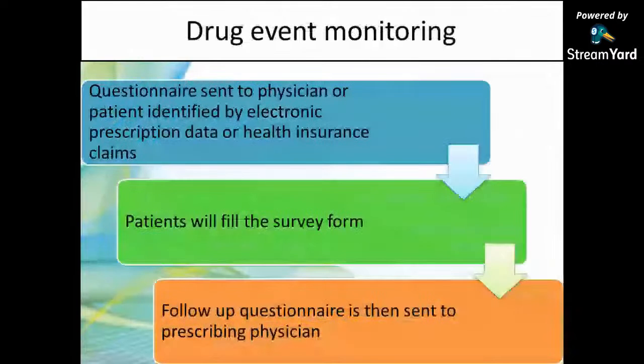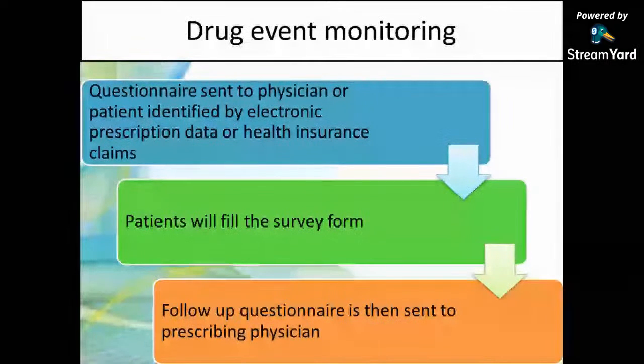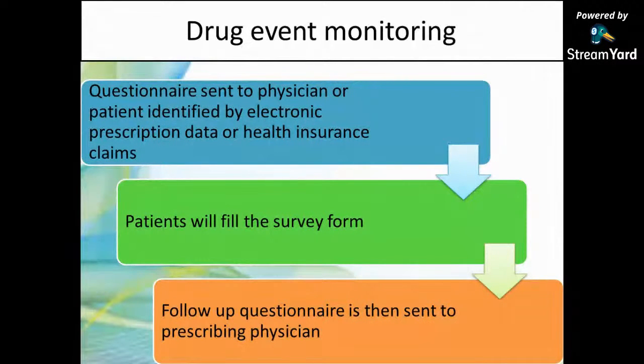The second type of active surveillance is drug event monitoring. Now, in case of drug event monitoring, a certain questionnaire is set regarding a specific adverse event or regarding the drug, depending upon your target. Now, this set of questionnaires is sent either to the physician or directly to the patient.